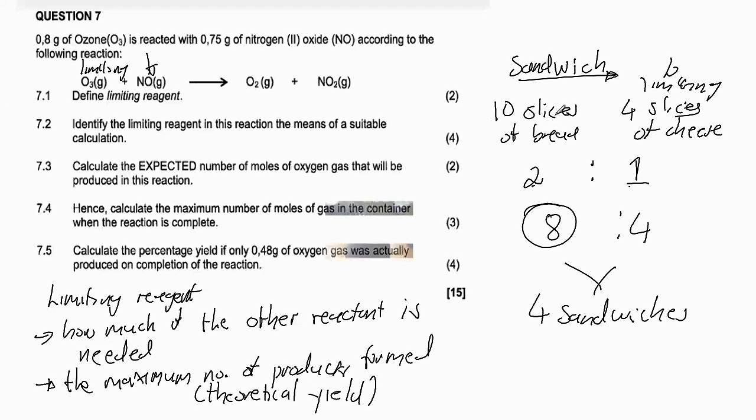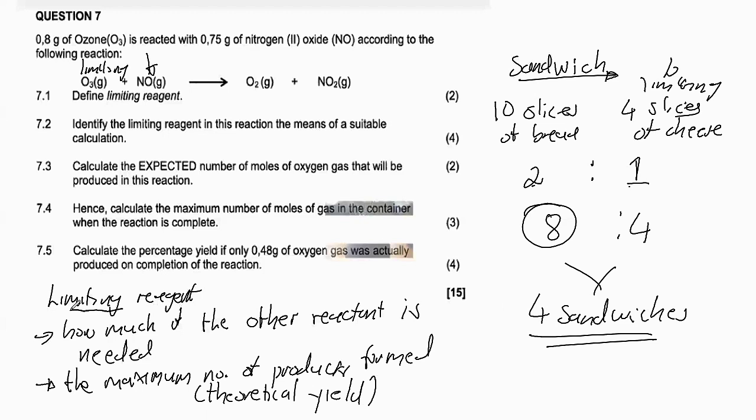But remember, we won't be able to produce 5 sandwiches because here we only have 4 slices of cheese, right? So the last sandwich won't have any cheese. And that doesn't qualify to be a sandwich if it doesn't have the cheese, because we are selling cheese sandwiches. Right. So that means the maximum number of sandwiches that can be produced is 4.